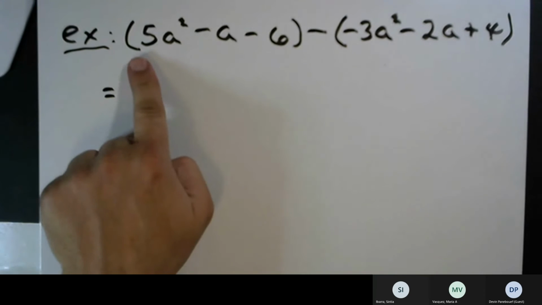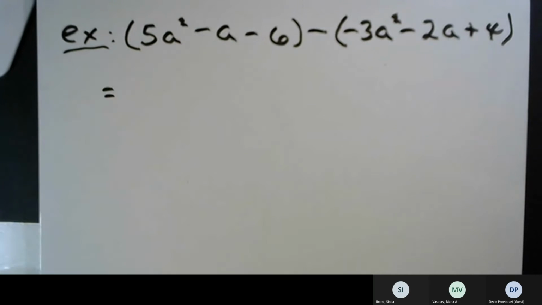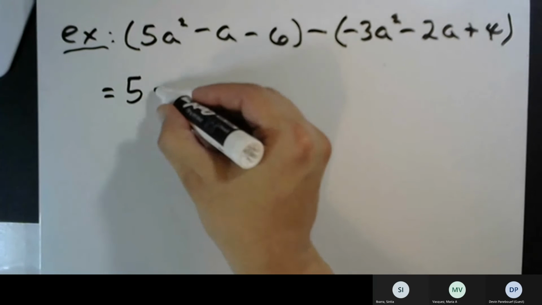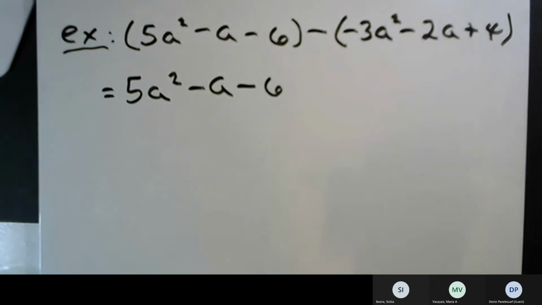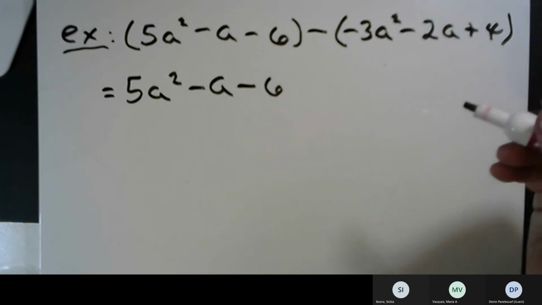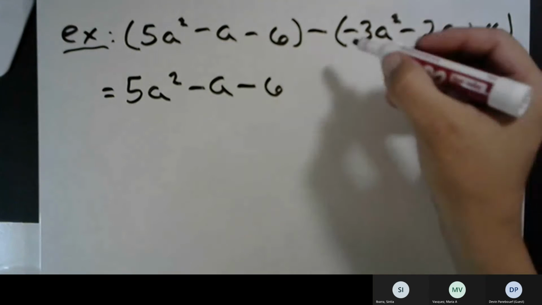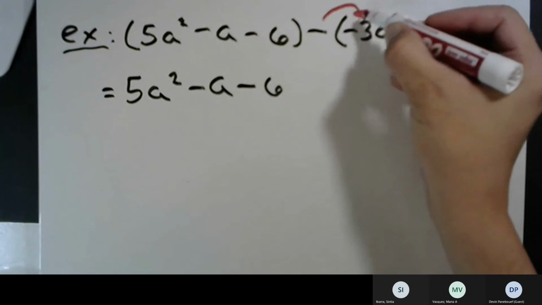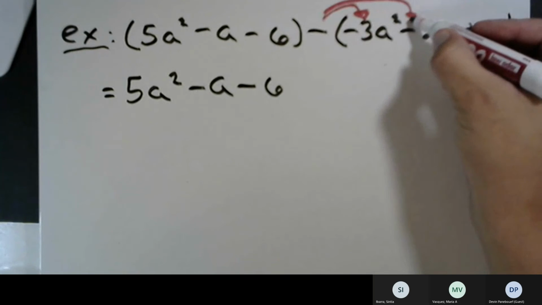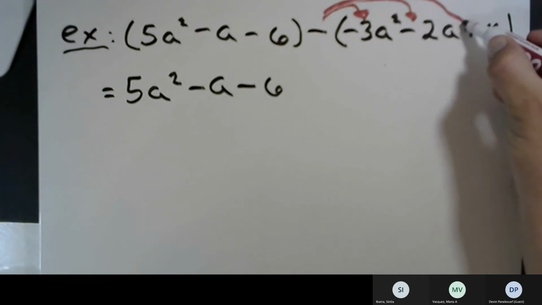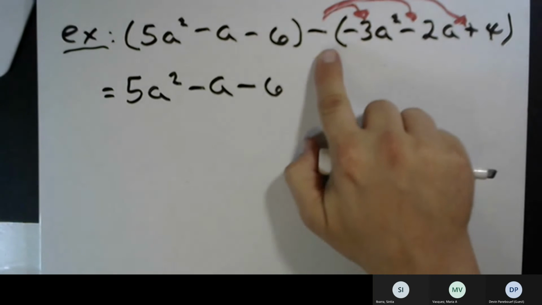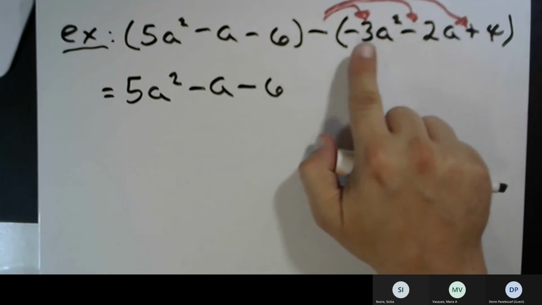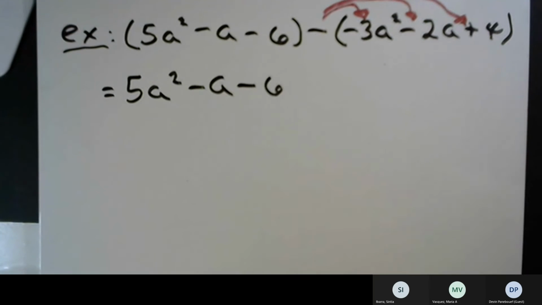Now, in this case, there's nothing in front of the parentheses on this one, so we can drop the parentheses. But this one, we got to distribute that minus sign. So the minus sign, anything outside the parentheses here is going to get distributed.